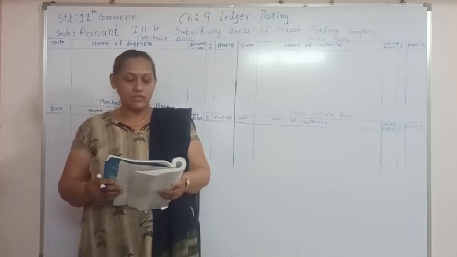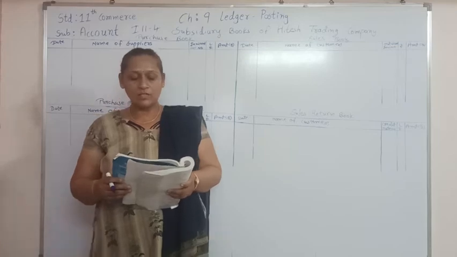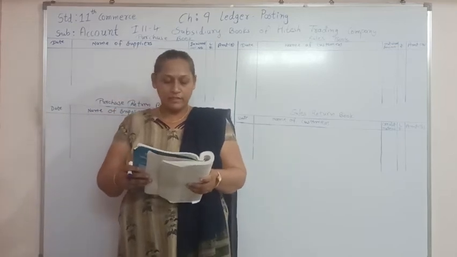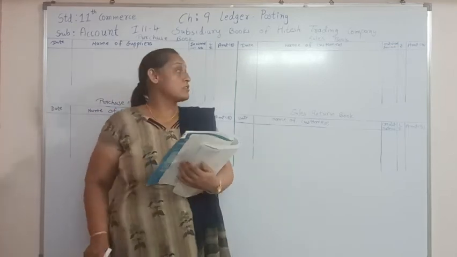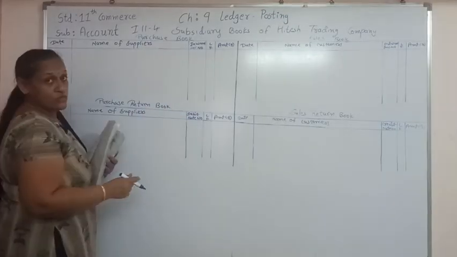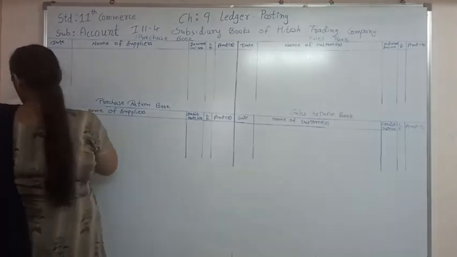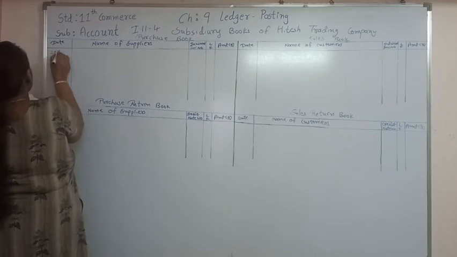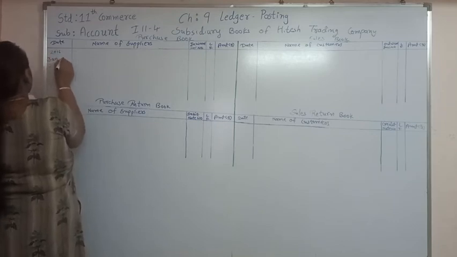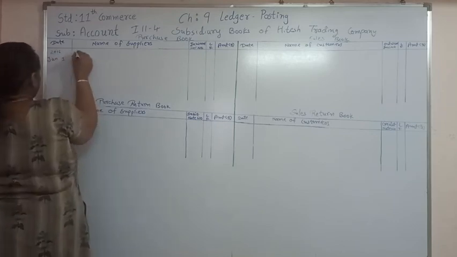2016 January 1st. Goods of rupees 7,000 are purchased from Nissan at 15% trade discount. So there is a purchase, so we are going to write in the purchase book. 2016 January 1st, Nissan account.